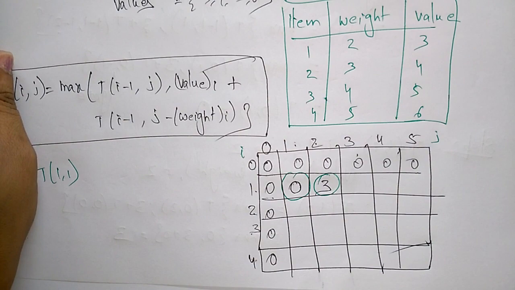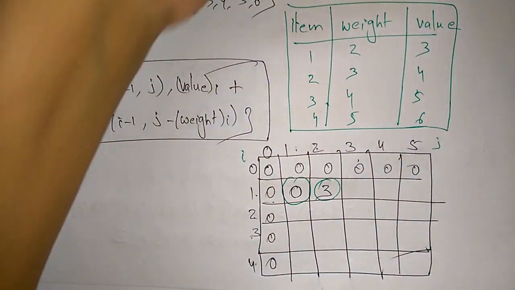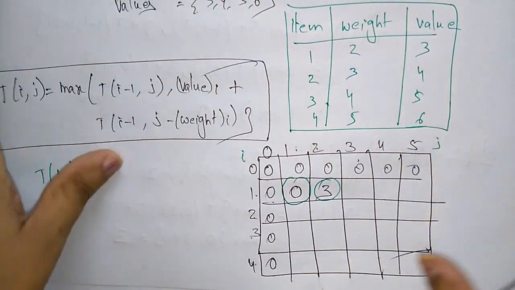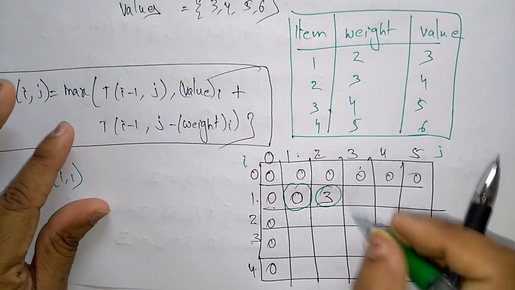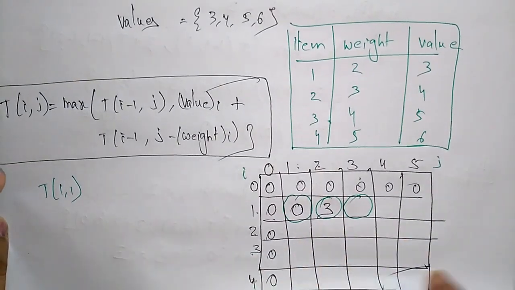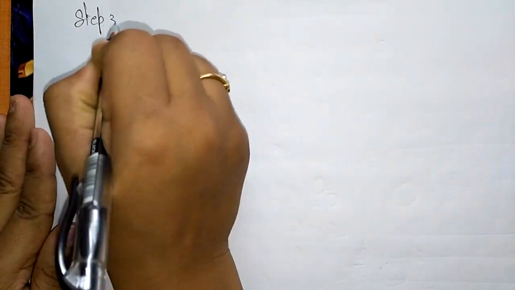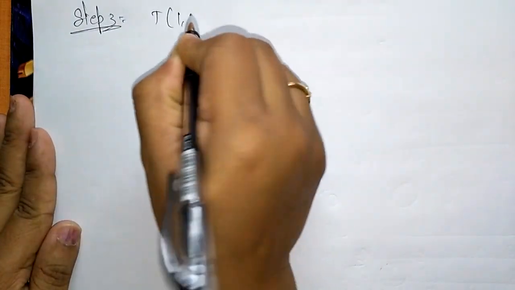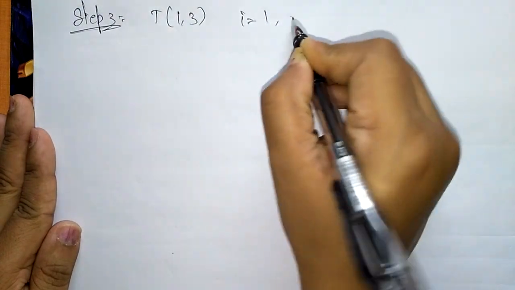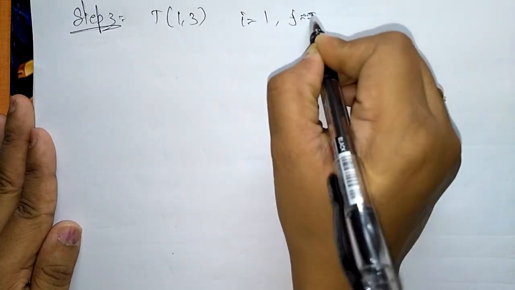Just substitute the 3 value here. In the same way we have to calculate 1 comma 3, step 3. Like that we first complete the first row, second row, third row, fourth row. So next is 1 comma 3, step 3. T of 1 comma 3: I is equal to 1, J is equal to 3.